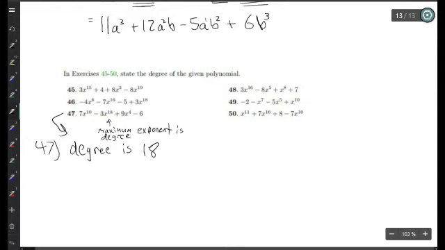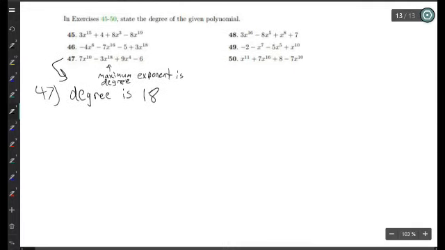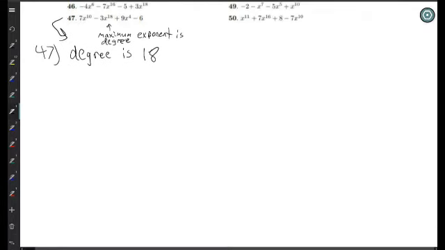So the maximum exponent is the degree when it's just one variable. Alright, so we'll look at using our calculator in class to graph and evaluate functions. And that concludes this lecture.